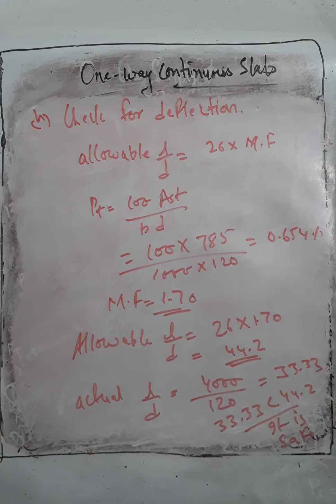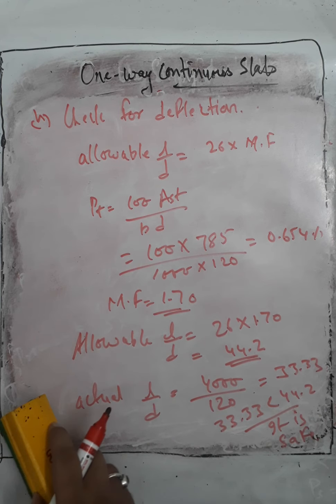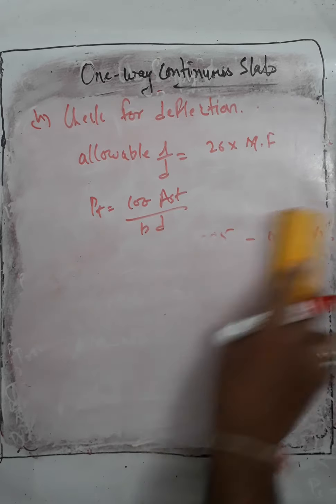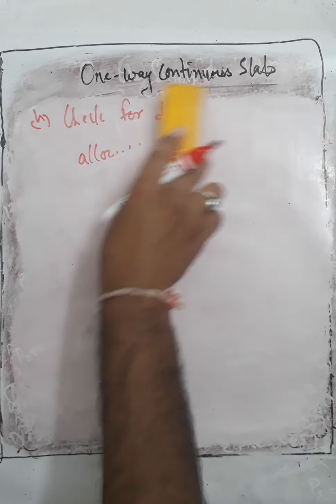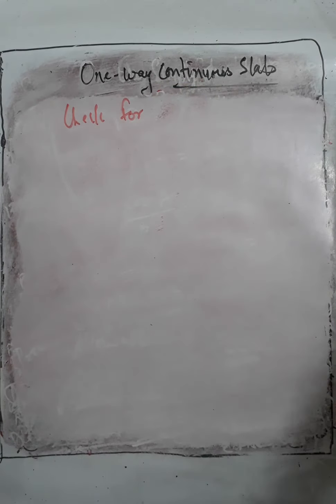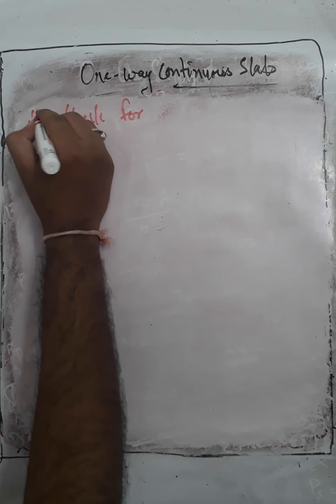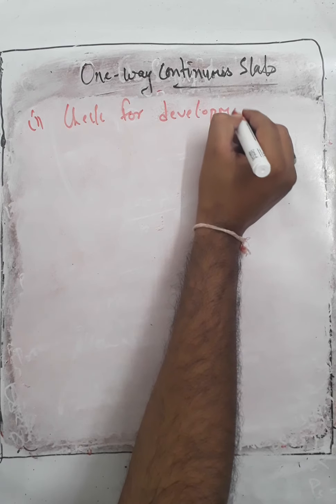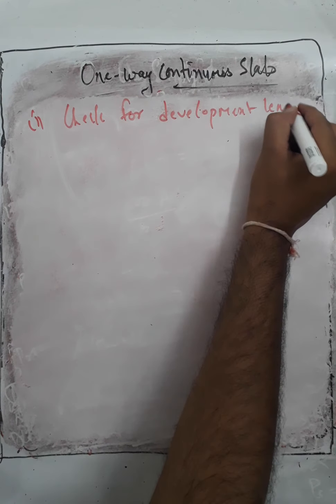This is the check for deflection. Now the check for development length. This is our step I, check for development length.